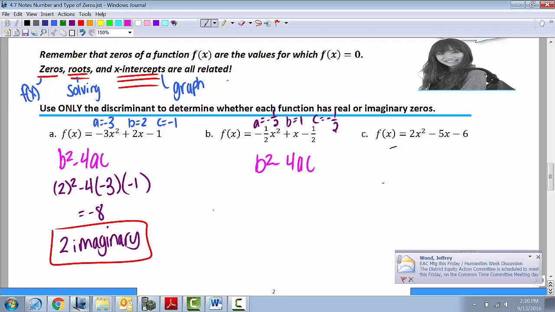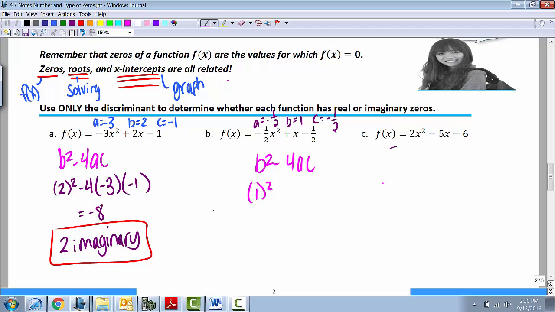Now let's start plugging things in. What was b? 1. Good. Look up here to see what we labeled. Once you label it, this thing is golden. Minus 4. What's a? Negative 1/2. Careful. Those negative signs are going to kill you. What is your C value? Thank you. Negative 1/2. Now let's type it in.